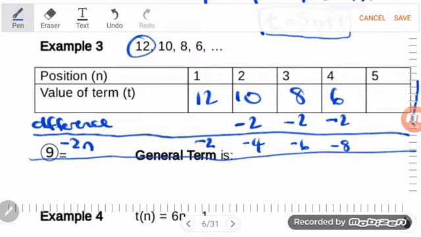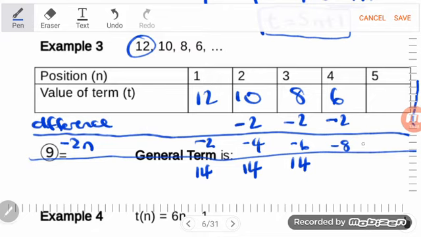What is the difference between our latest numbers and the actual terms? Right. Negative 2 plus what equals 12? 14. Negative 4 plus what equals 10? 14. Oh, this isn't looking so scary after all. Negative 6 plus what equals 8?